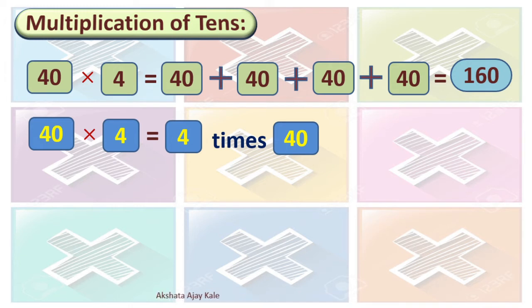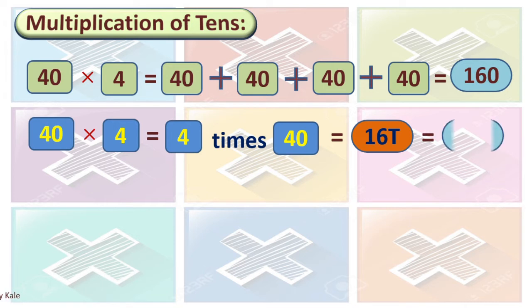Correct? 4 times 4 tens, that is equal to 16 tens. 4 fours are 16. 16 tens is nothing but 160. Got this, children? The meaning is the same whether you use 40 or 4 tens. Correct? The answer remains the same. Okay, one more we will see.